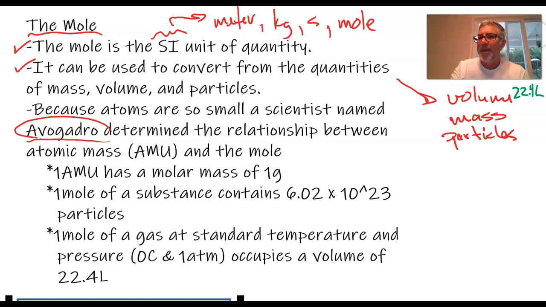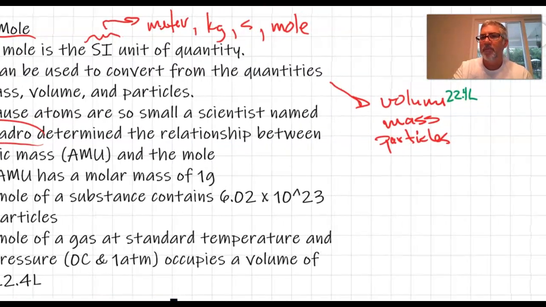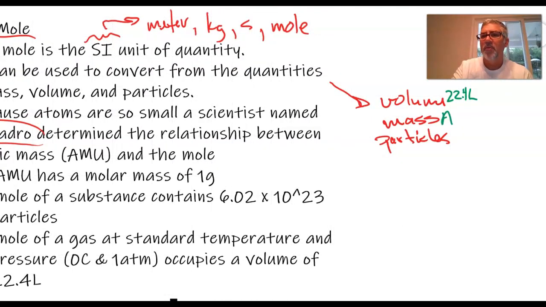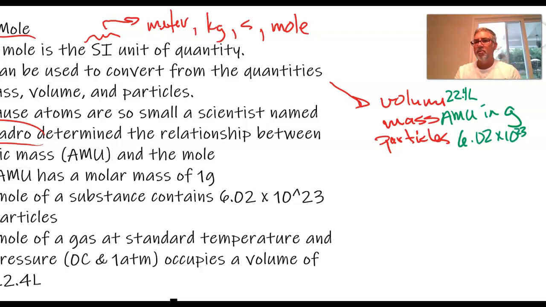The mass of any substance is its AMU in grams, which we're going to talk about. And for particles, a mole of any substance contains 6.02 times 10 to the 23rd particles. This is called Avogadro's number.